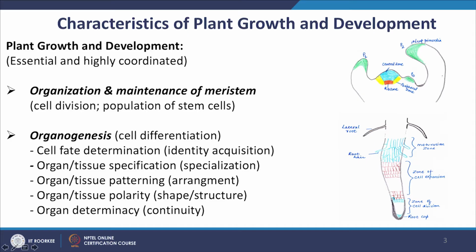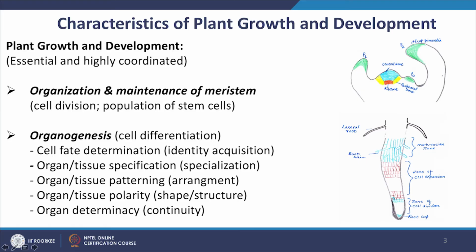If the organ is indeterminate in nature, it will continue to grow. So if I take two examples here, this is shoot primary development and this is root primary development, and here is the region where meristem is maintained. In the case of root, here is the region where meristem is maintained. If you look here, the central zone is the region where the shoot apical meristem, or the population of shoot stem cells, is present.